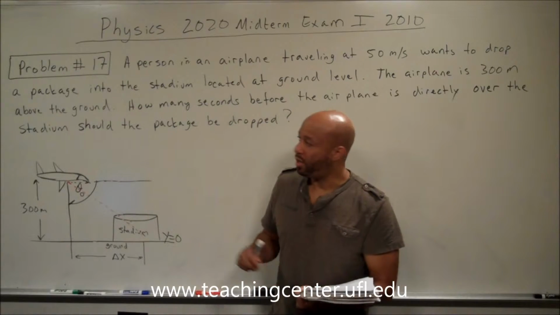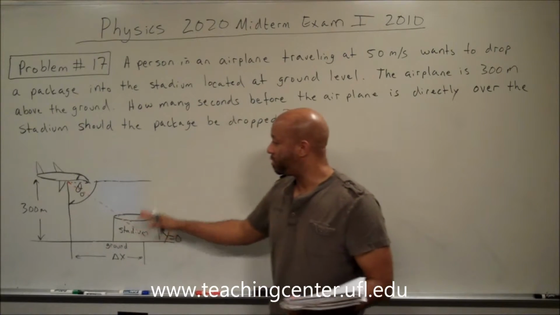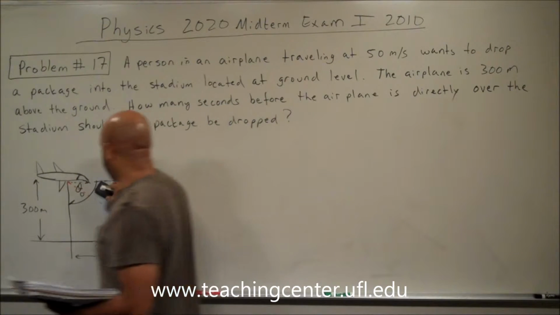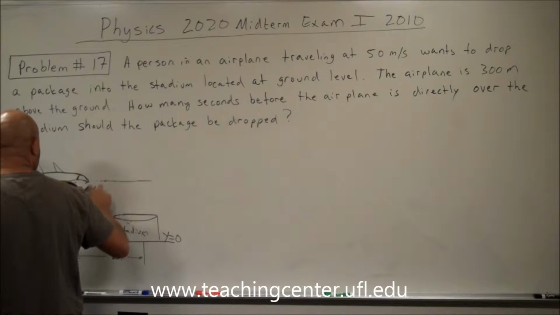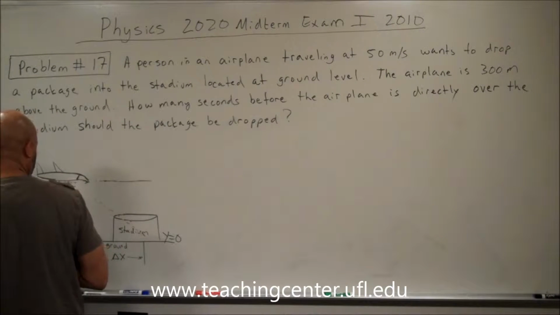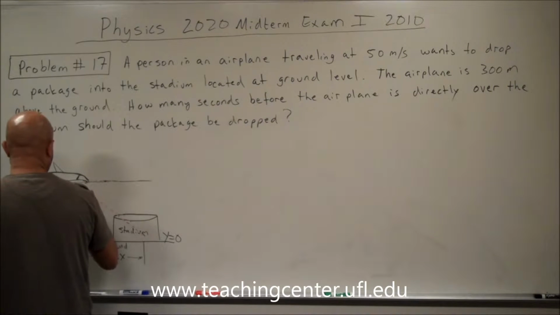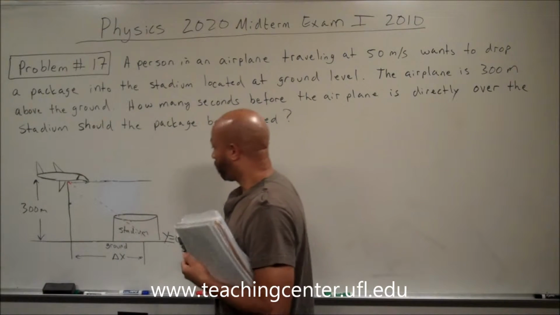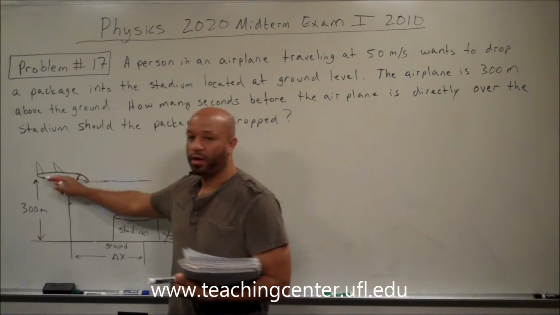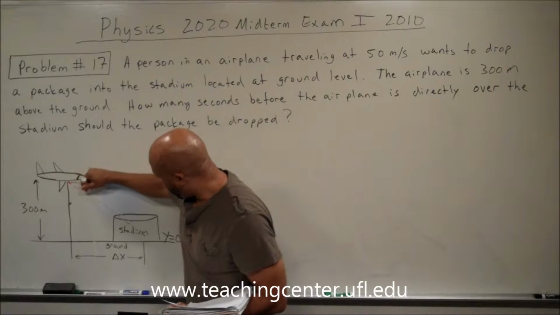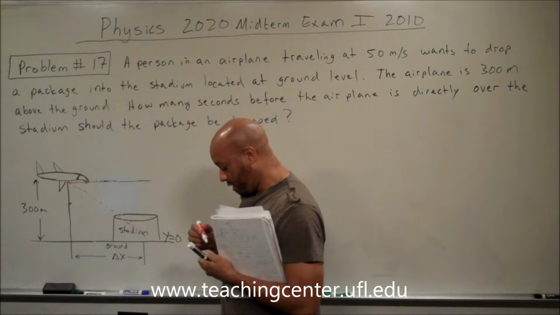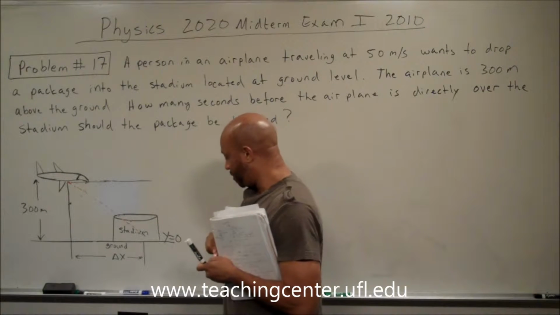Alright, so this is an illustration of the problem statement. We have an airplane that is 300 meters above the ground, which I have detailed here, and we have the stadium, and this airplane is initially traveling at 50 meters per second.